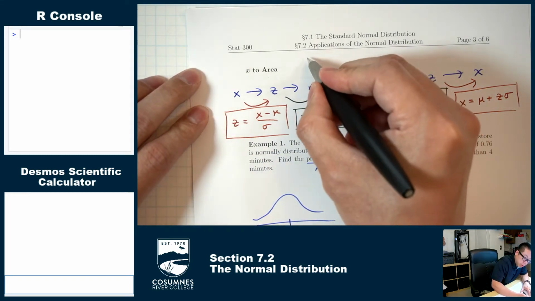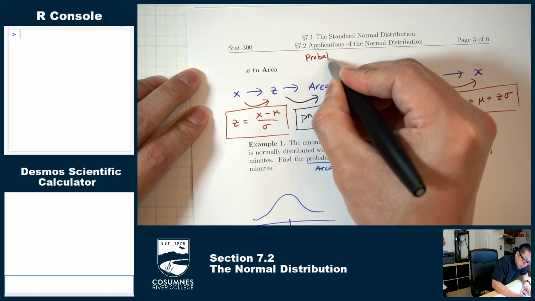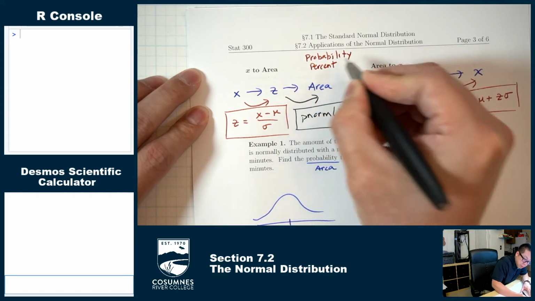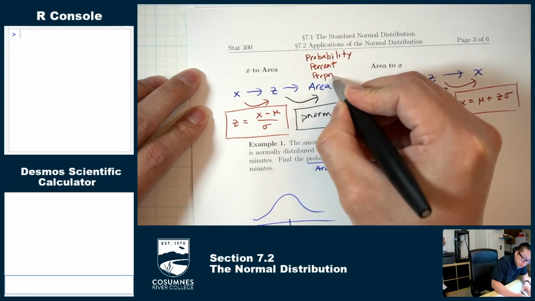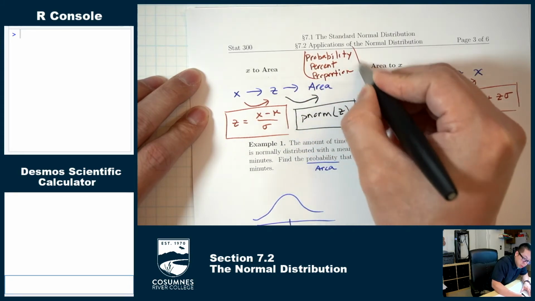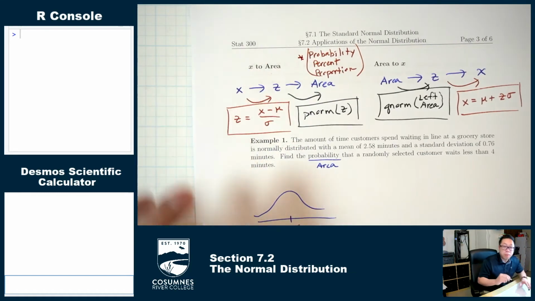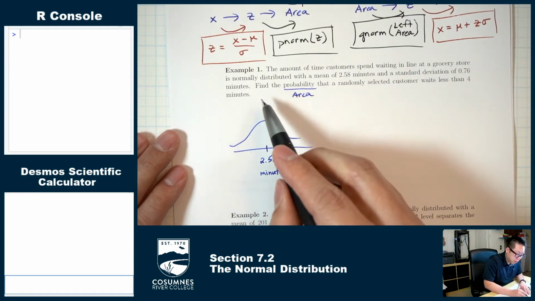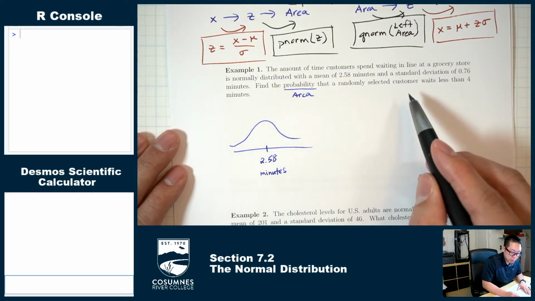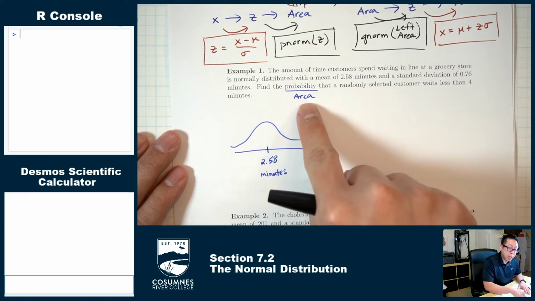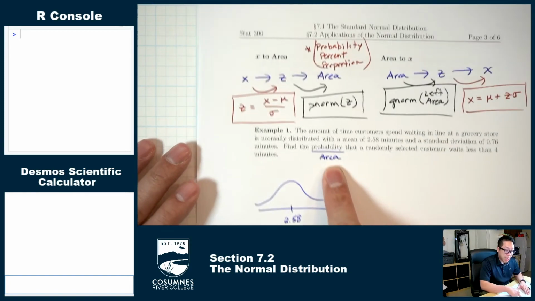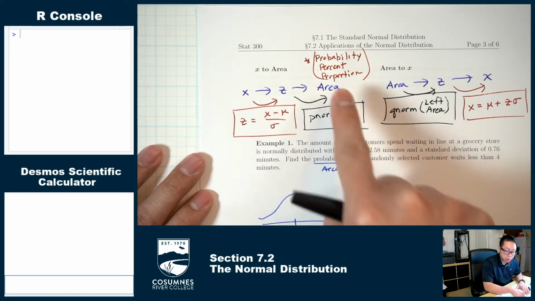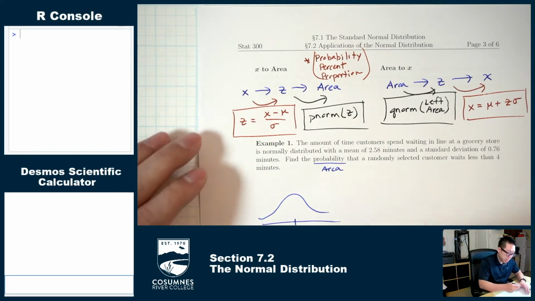Area can refer to probability, percent, or proportion. All of those words, probability, percent, proportion, you should think area. So this is saying find the area that a randomly selected customer waits less than 4 minutes. I want area as the final answer. This would have to be an x to area problem, because you want to end up with an area as a final answer.